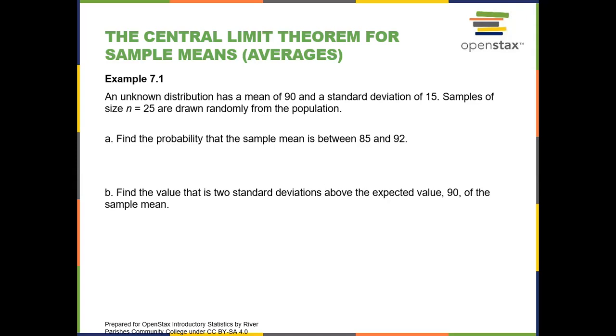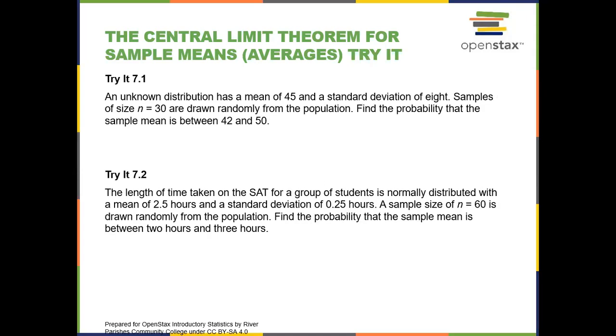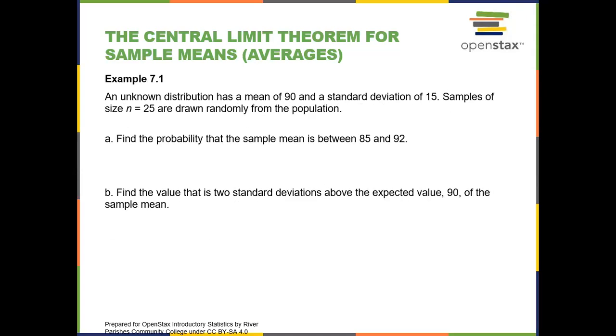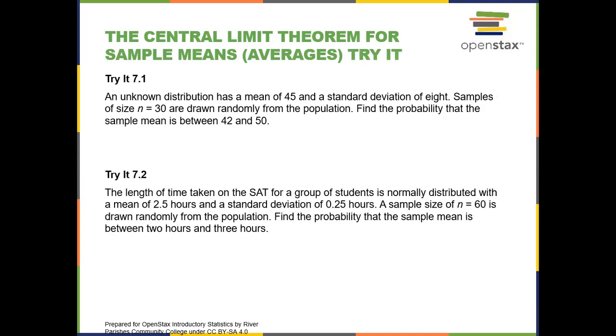So we do not know whether the population itself is bell-shaped in nature. If we do not know that and the sample size is less than 30, then I would hesitate to assume that the probability distribution of the sample means, or the sampling distribution, is bell-shaped in nature.